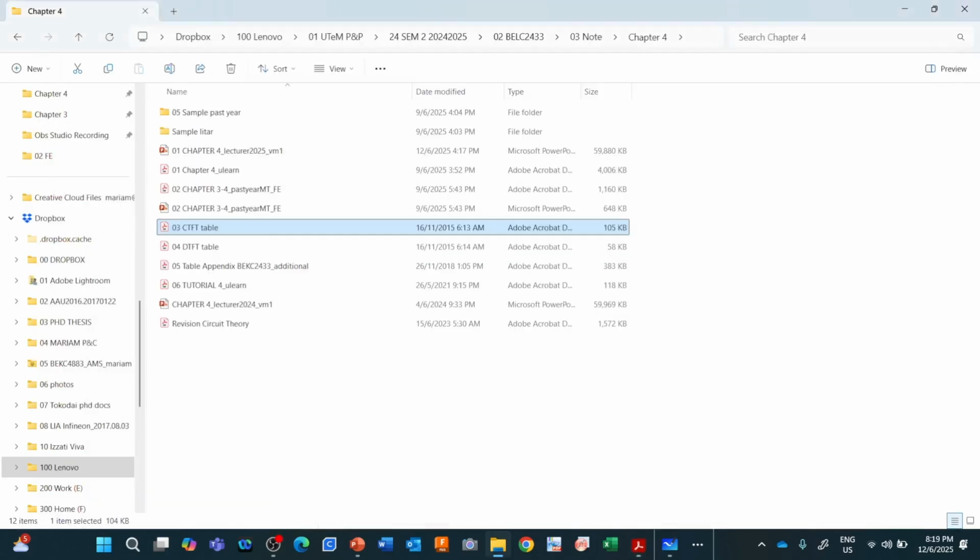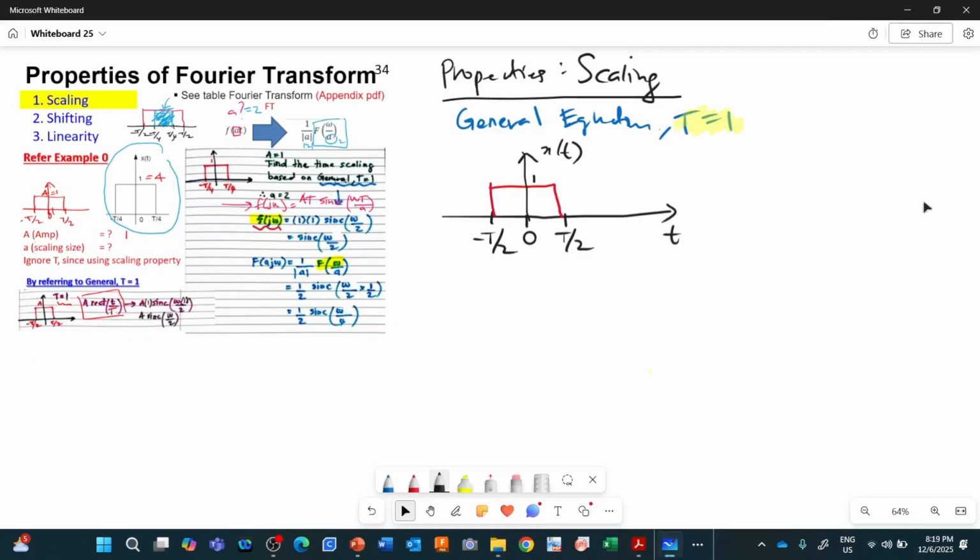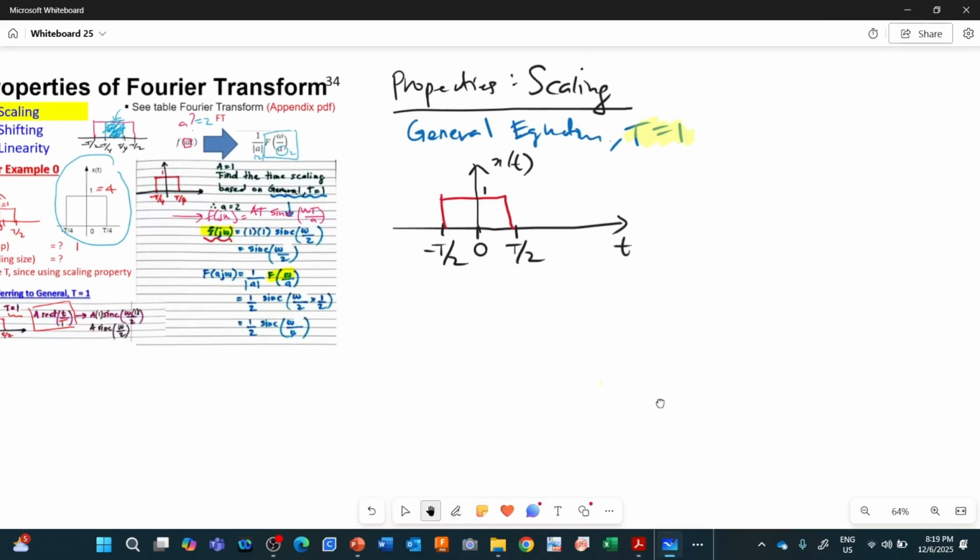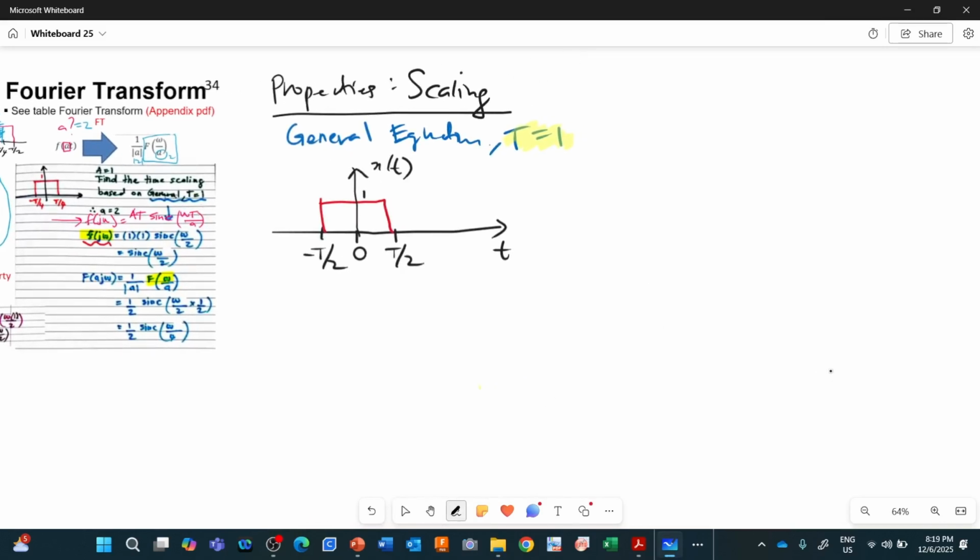Let's just write it here. Based on the equation, you have F(jω), or sometimes you can just directly omit j. I'm going to write exactly like the table. So f(at) is equivalent to what?